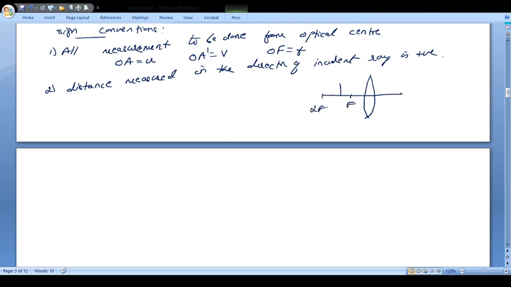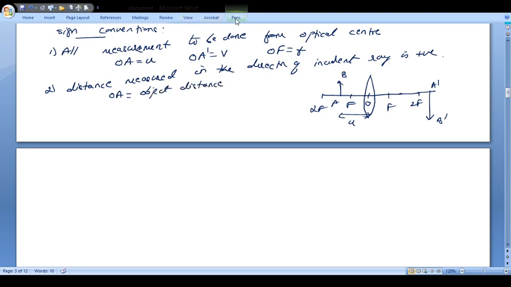Let us suppose your object was here, this is AB, and on the other side this is 2F, and you got your image beyond 2F. Let us suppose this is A dash, B dash, and this is your O. Now see, OA is your object distance.